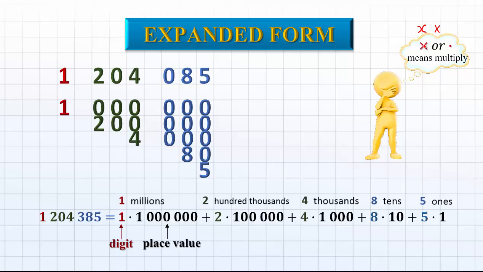As you see, it's nearly the same as this cross. So in order not to get confused later on, we prefer to indicate multiplication by writing a dot at the middle of the line rather than a cross. But these two signs really mean the same.